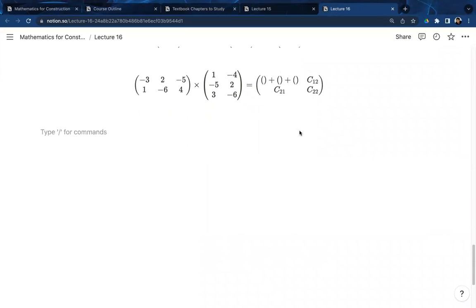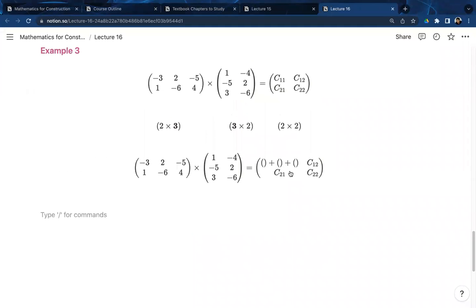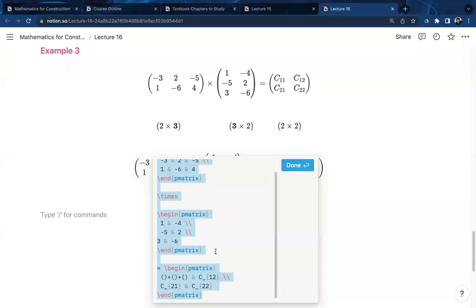Okay, so as I said before, the inner number 3 tells you how many things you have to add when you multiply a particular row by a particular column. So there are 3 things we have to add up. Let me just copy this here for each of these.